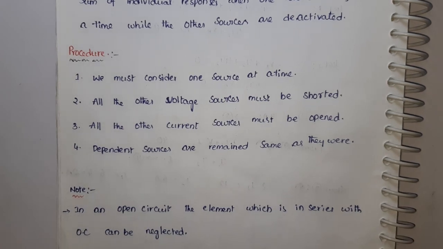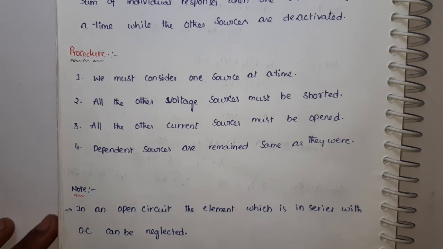That is the first point, and all other voltage sources must be shorted, which means short circuited, and all other current sources must be opened, and dependent sources remain the same as they were. If there are some dependent sources, we should not disturb them. They must be as they were earlier.